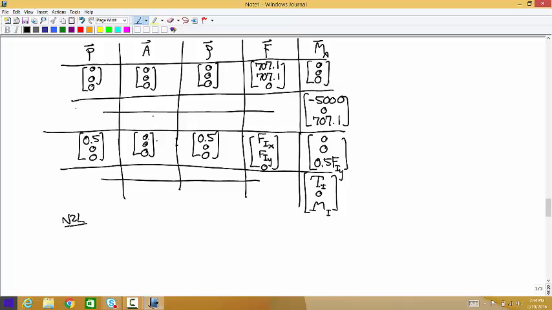So Newton's second law says 707.1, 707.1, plus Fix, Fiy, is equal to zeros.